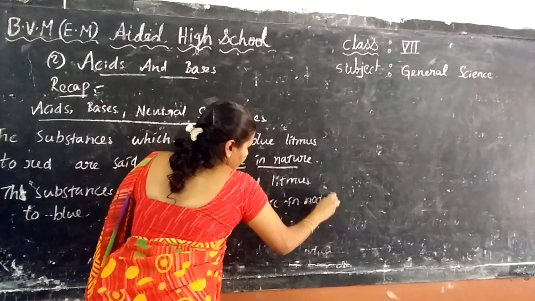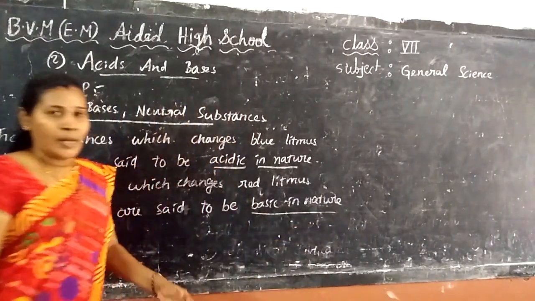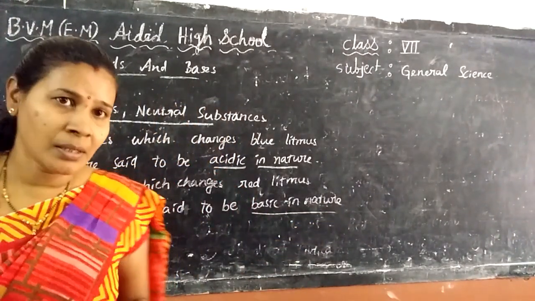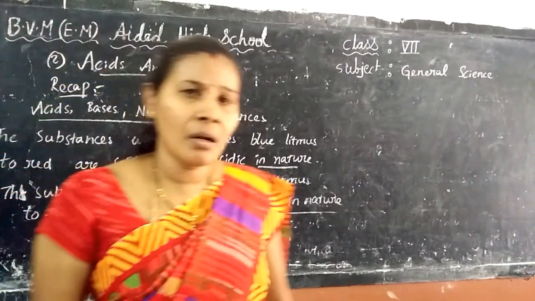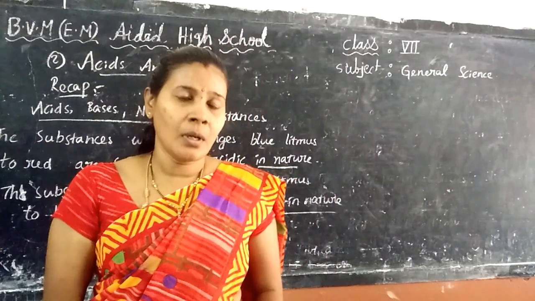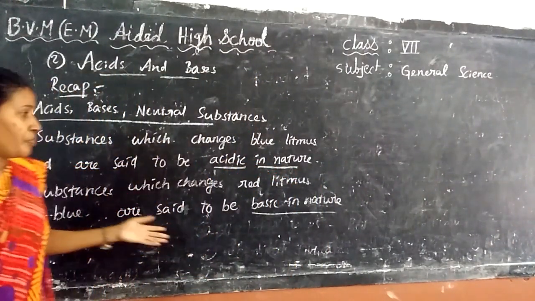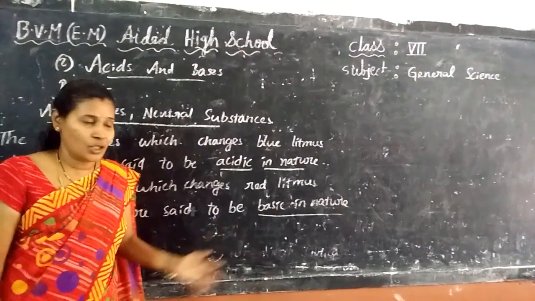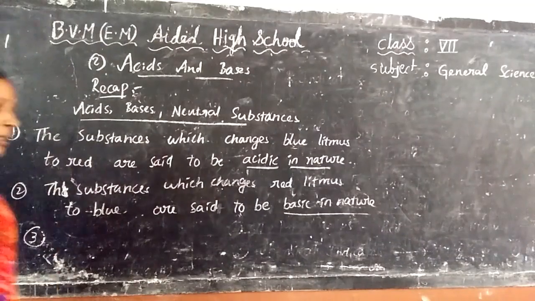For example, ammonium hydroxide, magnesium hydroxide. These are all available in soaps. So all have a basic nature, and these are the examples for the bases.